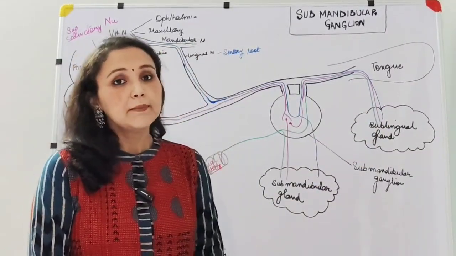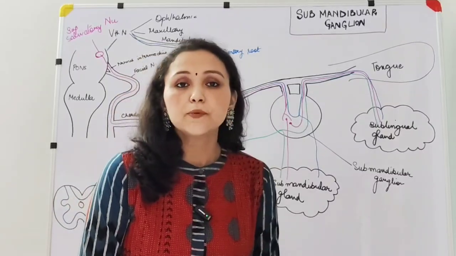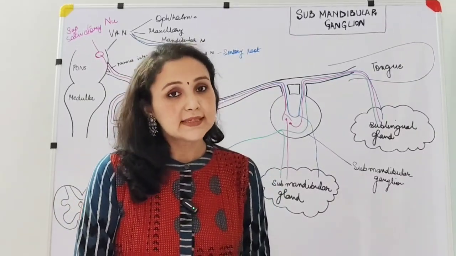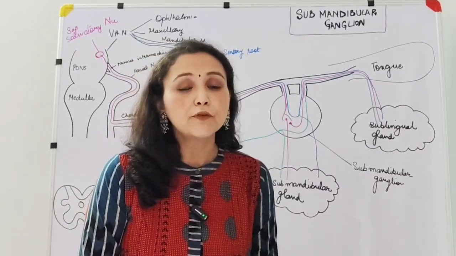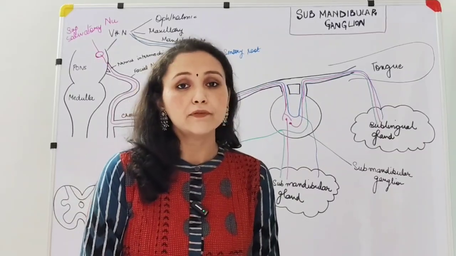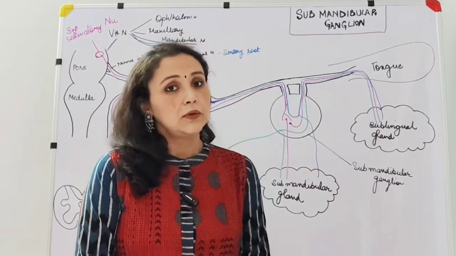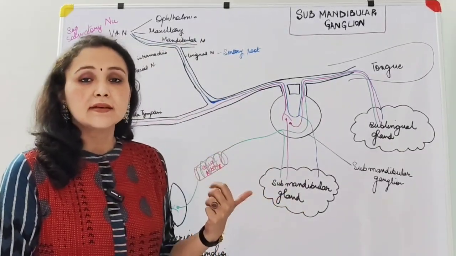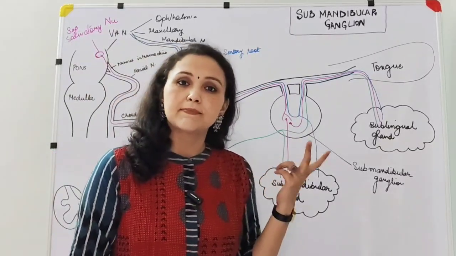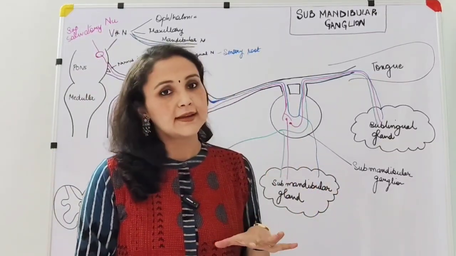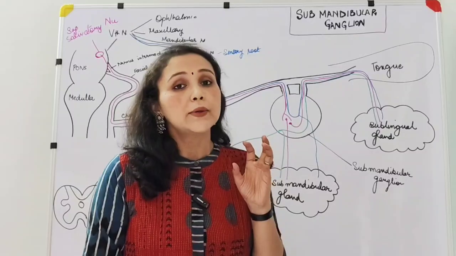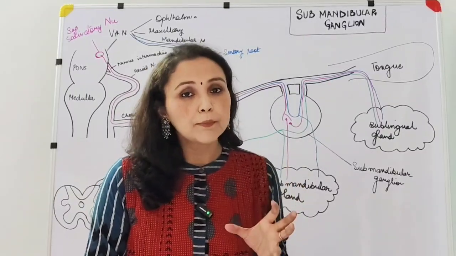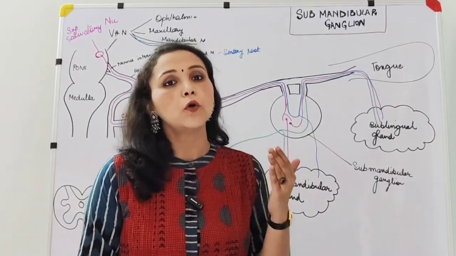Now, another very important question is, which part of the autonomic nervous system is responsible for the secretion of saliva from these glands? As we have already discussed, the autonomic nervous system has a parasympathetic component and a sympathetic component. It is the parasympathetic component which is secretomotor.